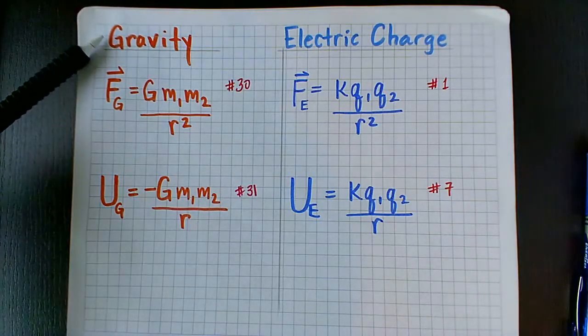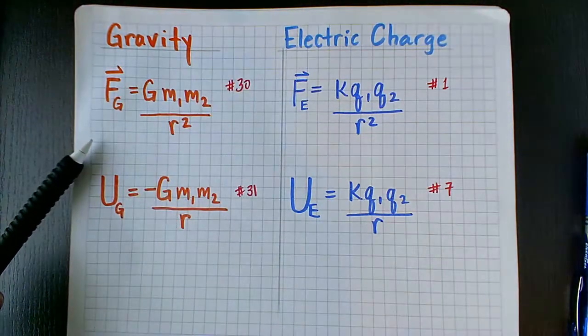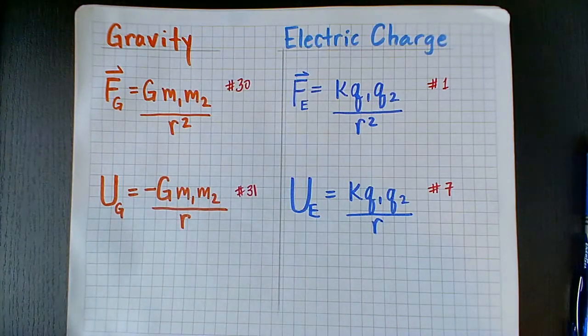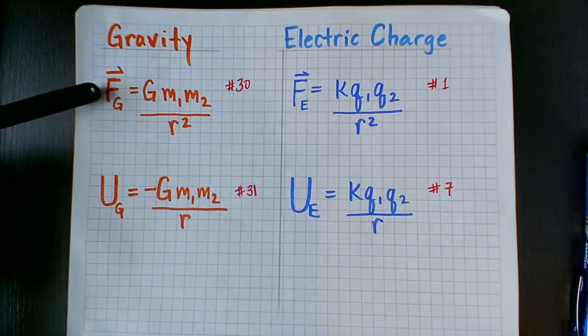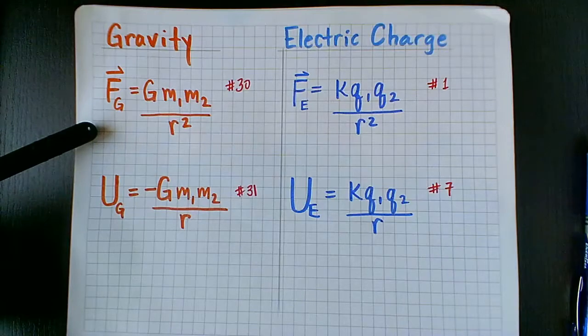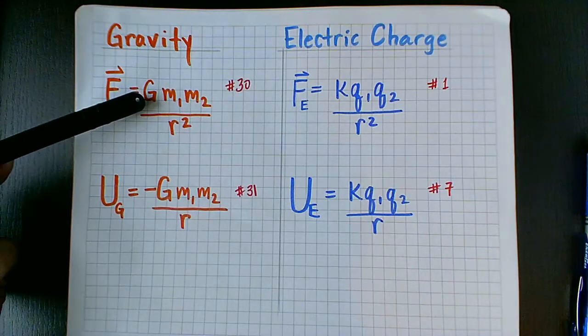So we'll talk about gravity and then we'll talk about electric charge and how the two situations are very, very analogous. First of all, the force due to gravity and the force due to an electrostatic field are both equal to some constant.